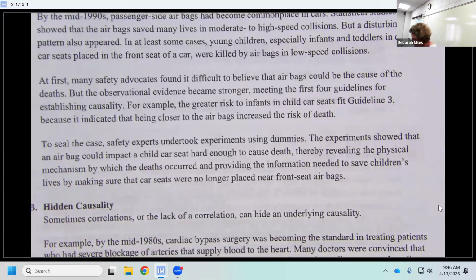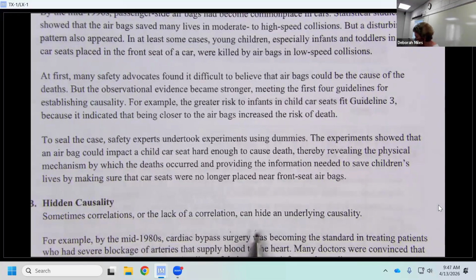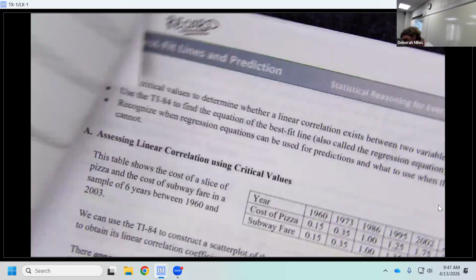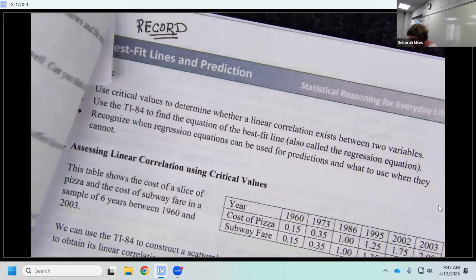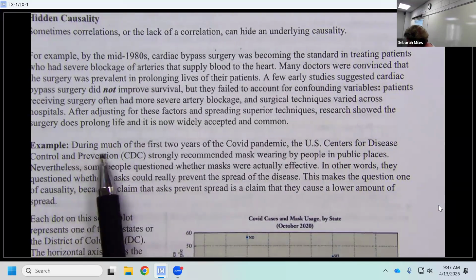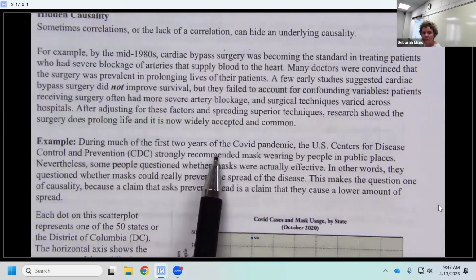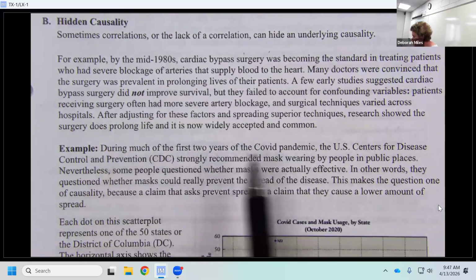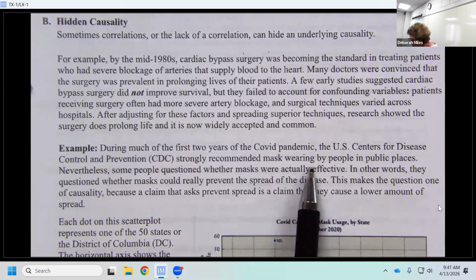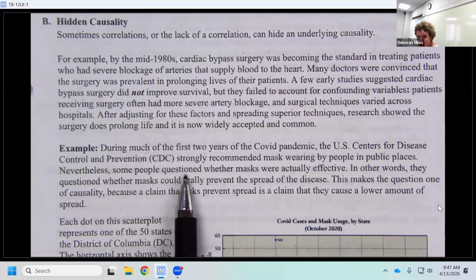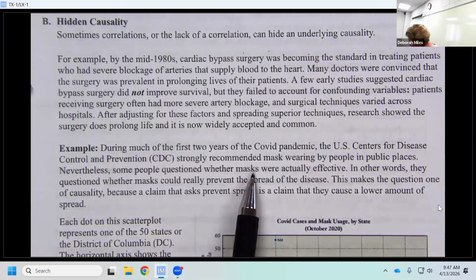Sometimes correlation or the lack of a correlation can hide underlying causality. Let's get down to this example. During much of the first 2 years of the COVID pandemic, the U.S. Centers for Disease Control and Prevention strongly recommended mask wearing by people in public places. Nevertheless, some people questioned whether the masks were actually effective.